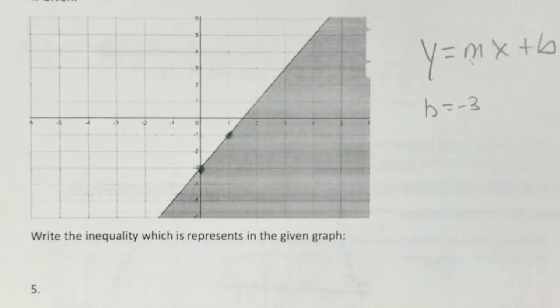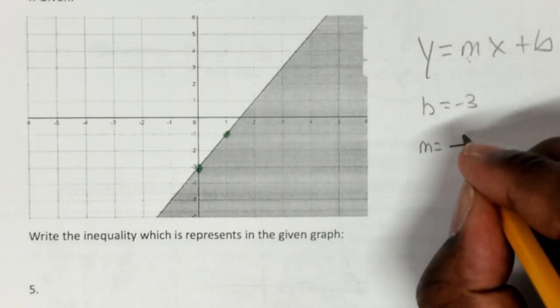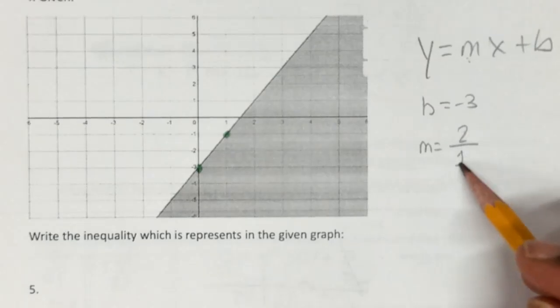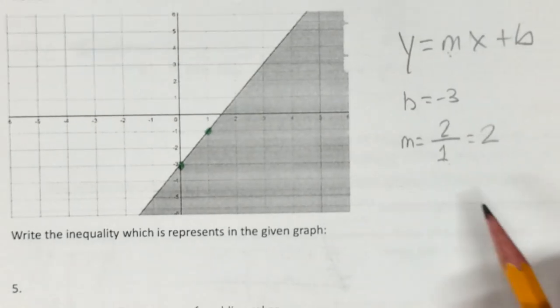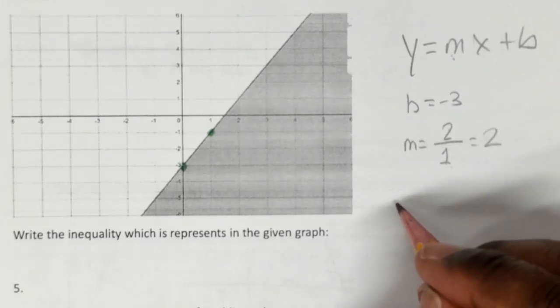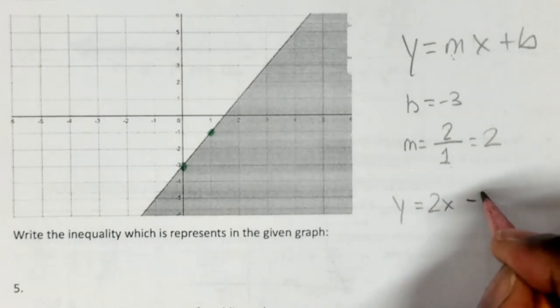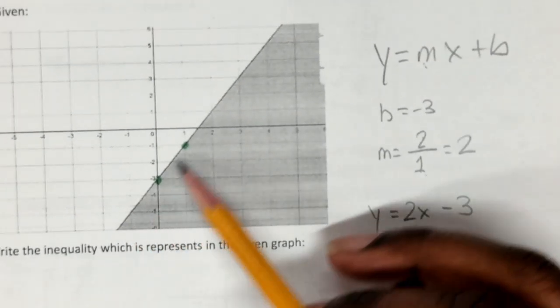So my rise was 2 and my run was 1. Can I simplify that? Yes, 2 divided by 1 is just 2. So my m is 2, and now I have y equals 2x minus 3.